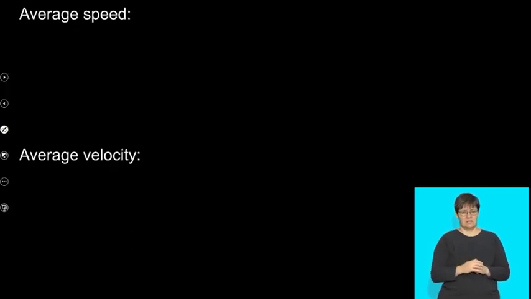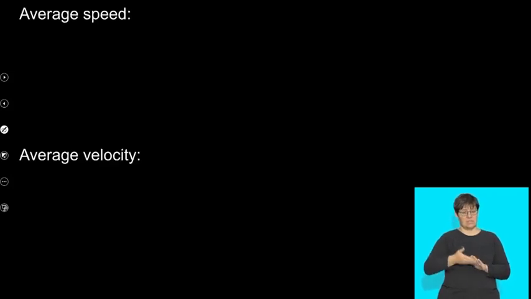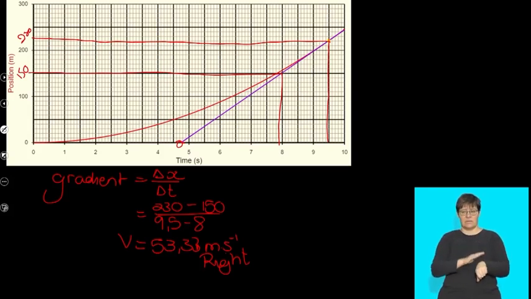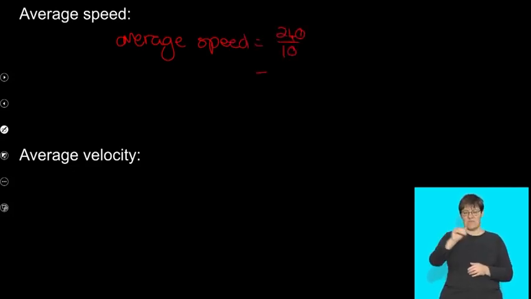Okay? So, average speed would be my total distance divided by my total time. So if we look at it, it's 240 divided by 10. Okay, so average speed, oh my word, I'm going to run out of time, is going to be 240 over 10, which is 24 meters per second.